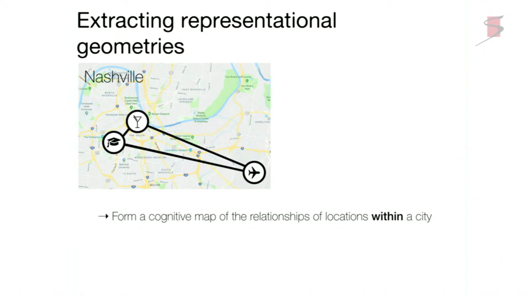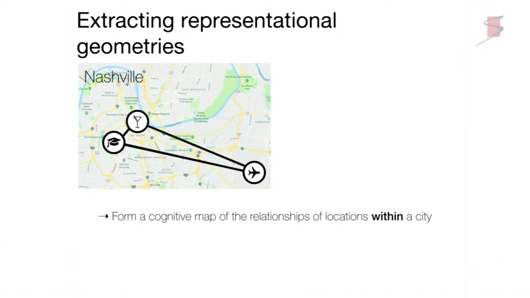To help understand what we're going to do in this study, I'll give you another real-world example. We call this extracting representational geometries. Let's say that you're flying into Nashville to give a talk at Vanderbilt. You land at the airport and you take an Uber to go to Vanderbilt. So you have this trajectory in the spatial world that you directly experience.